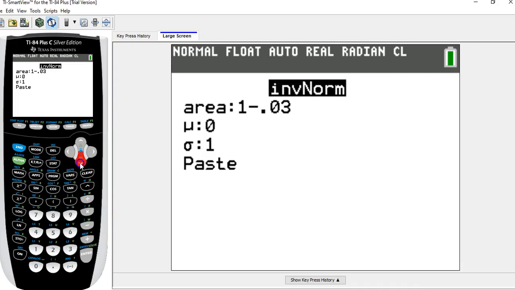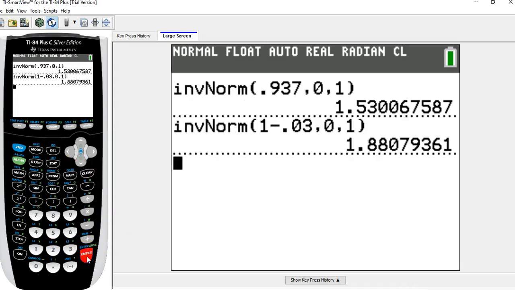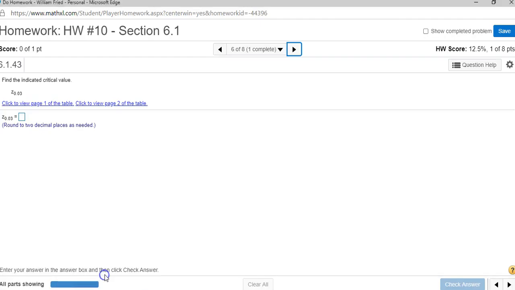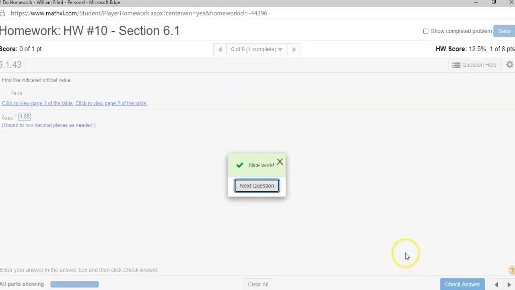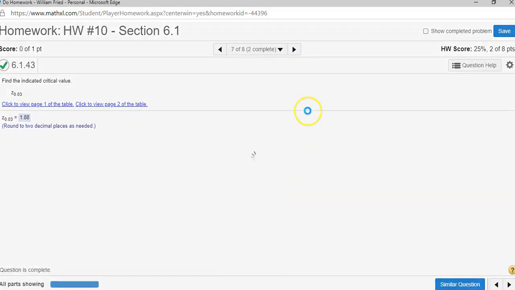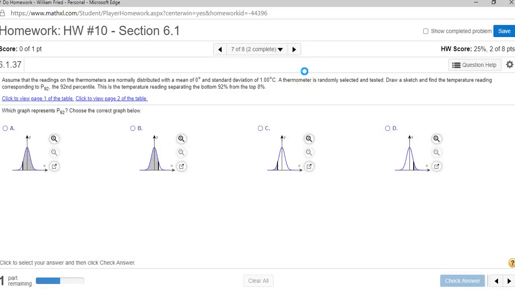The mean and standard deviation are still 0 and 1. And that comes out 1.88. Let's check that value. So two places, 1.88. Check answer. Nice work. Okay. Let's see what else they have here.